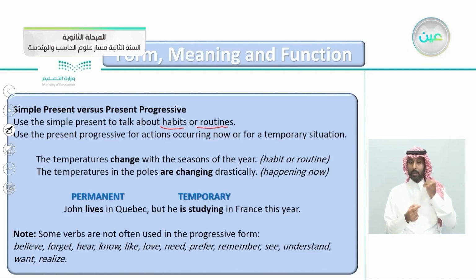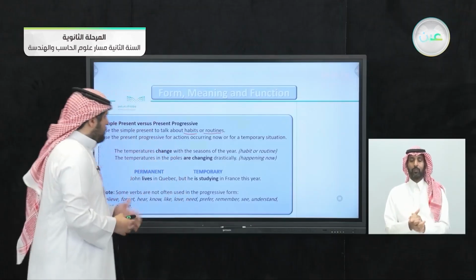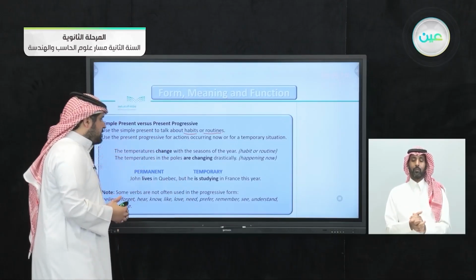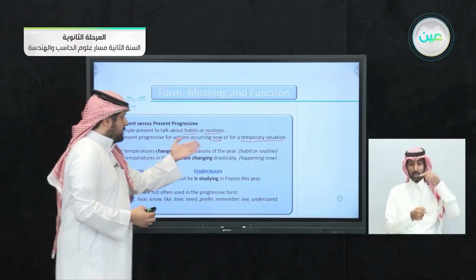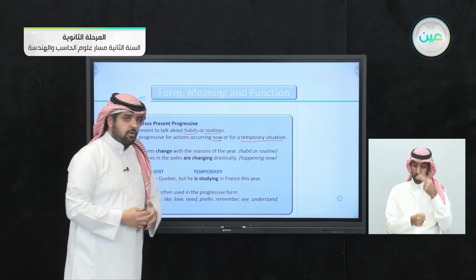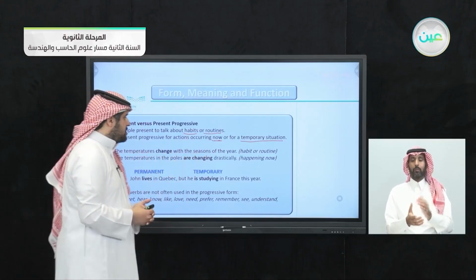Habits, things that you do every day, or routines, it's the same thing maybe, things that you're doing every day. We use the present progressive for actions occurring now, or for a temporary situation. So we use the present simple to talk about habits or routines, and the present progressive for actions that are happening now or that are temporary situations.